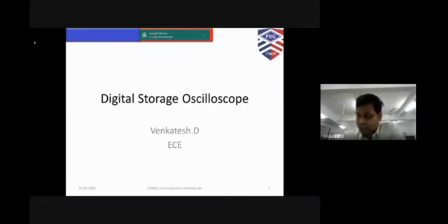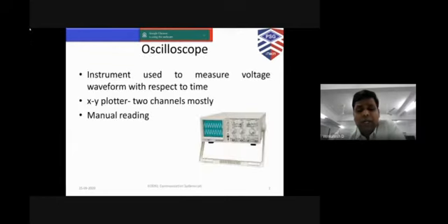Here we know that an oscilloscope is an instrument which is used to measure voltage waveform with respect to time, right? So it is an optical device, or you can see the signals optically.